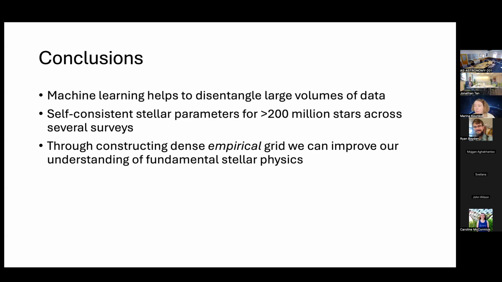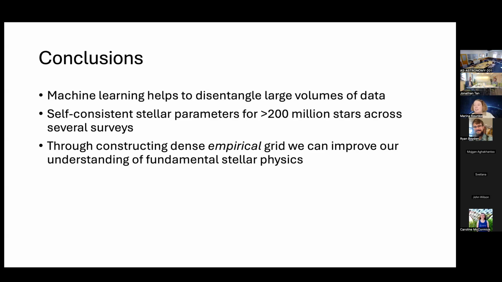Have you cross-matched with other catalogs as well? Less so with other surveys, because generally they tend to avoid the galactic plane, so they don't really observe young stars. Potentially it would be possible to do it for other surveys, but here we can ensure that the parameters that we derive from all of these pipelines are self-consistent.